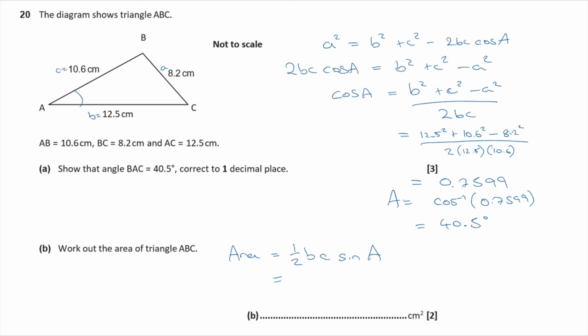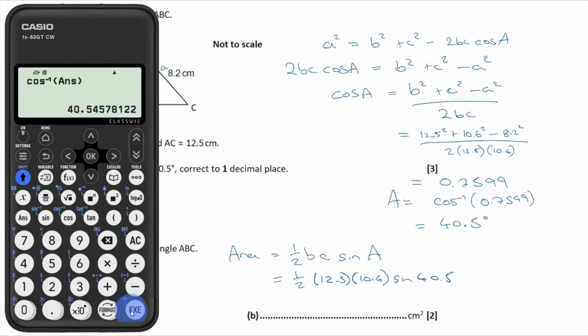So it's going to be a half times b, which we knew was 12.5, times c, which we know is 10.6, times the sine of 40.5. I'm actually going to use the full calculator display that I've got. So I'm going to find the sine of my answer, and then I'm going to times it by those other things.